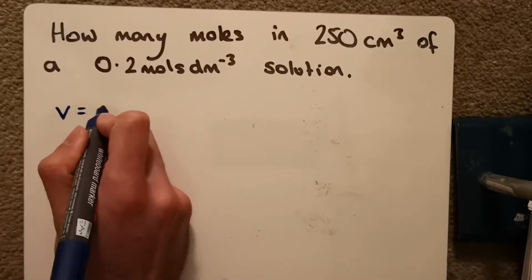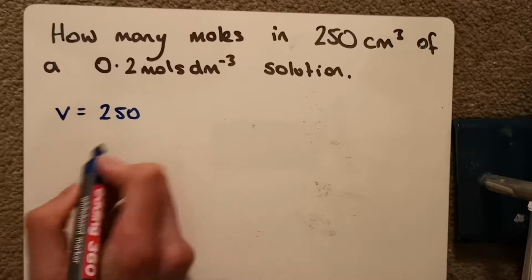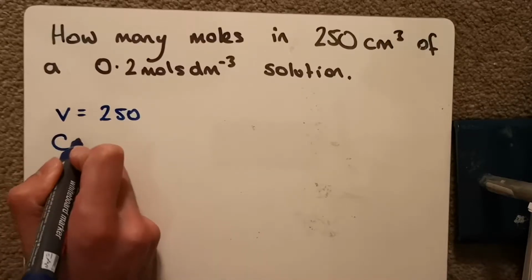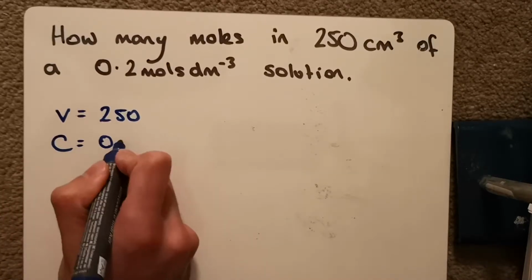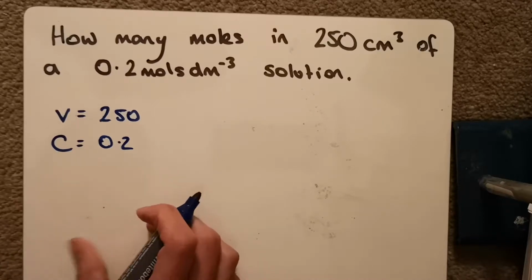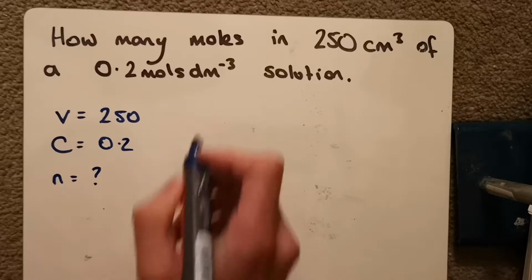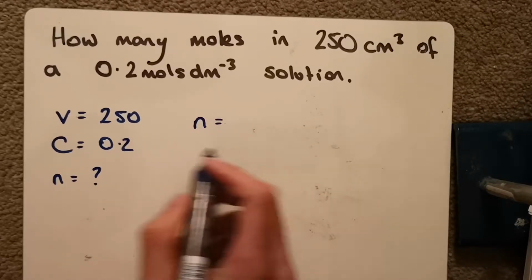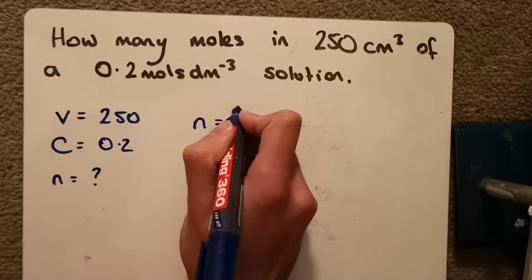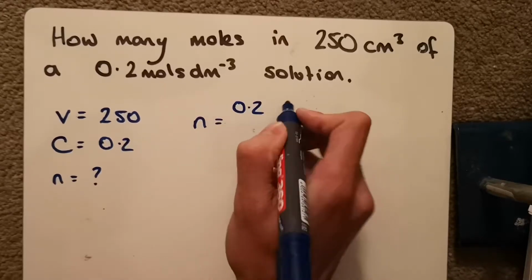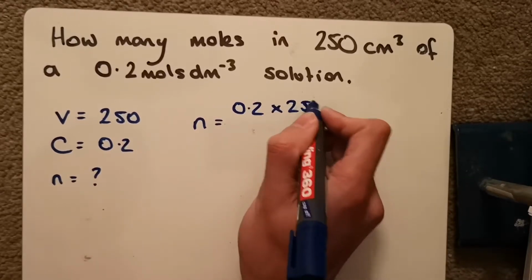I know the volume is 250. I know concentration is 0.2. And it's asking me to work out the number of moles. So we put this into our equation. n equals 0.2 times 250.